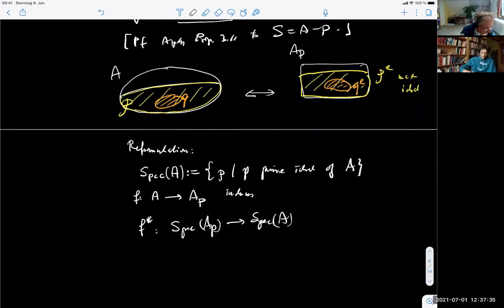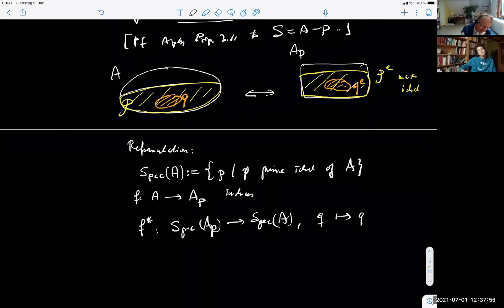Now it looks a bit complicated, but what's going on? I have a prime ideal Q in the localization, and I have to assign a prime ideal of A. And what do I do? Let me see. I do the extension.